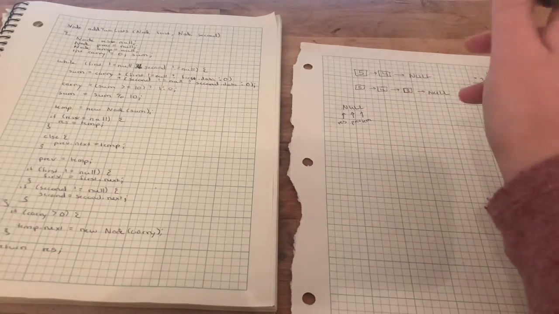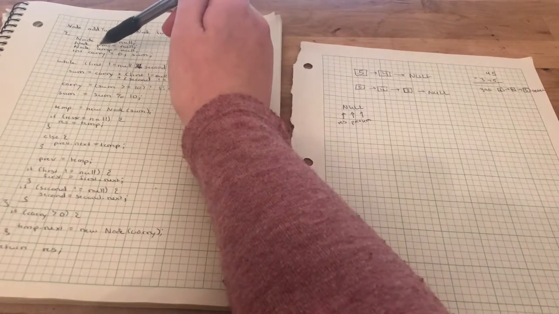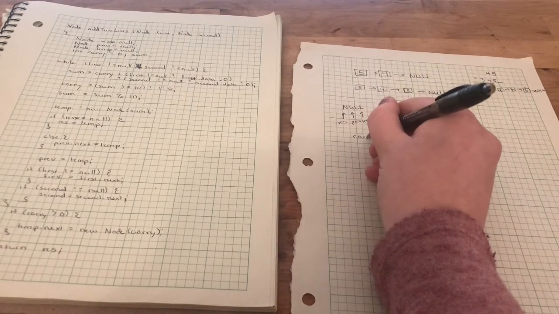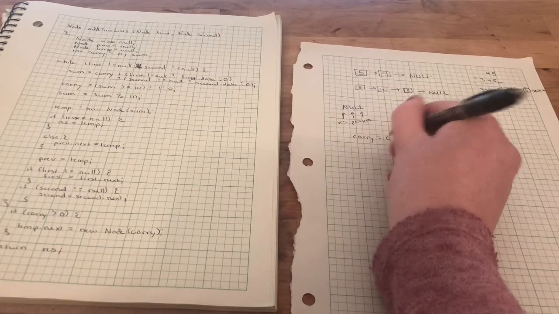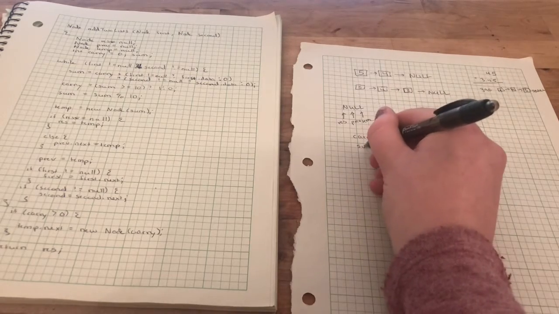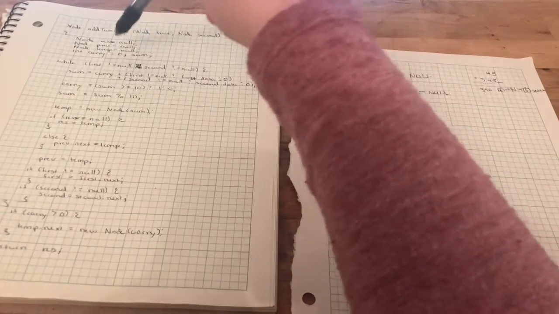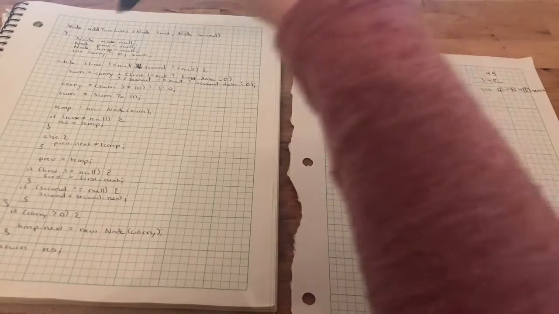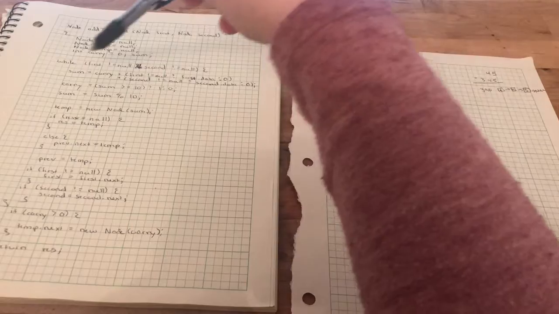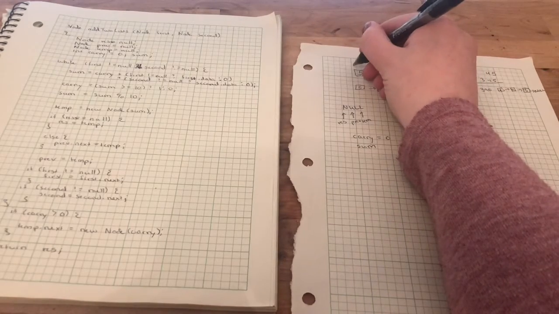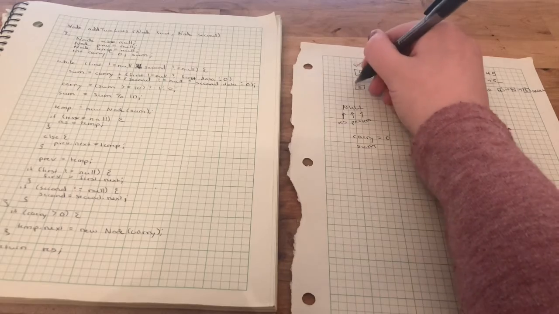And then we're going to have variables of carry and sum. Carry will be initialized to 0. And then we're going to have our sum. And then we'll have first and second nodes for our lists.